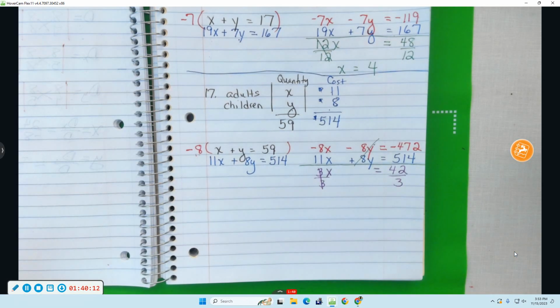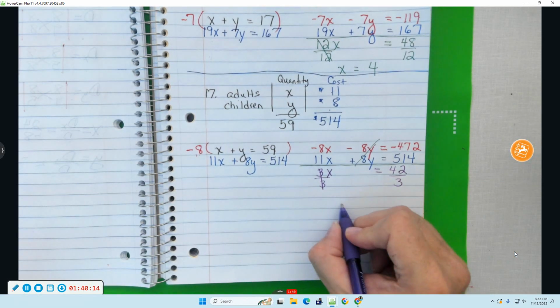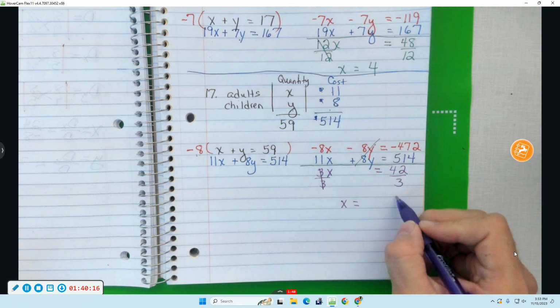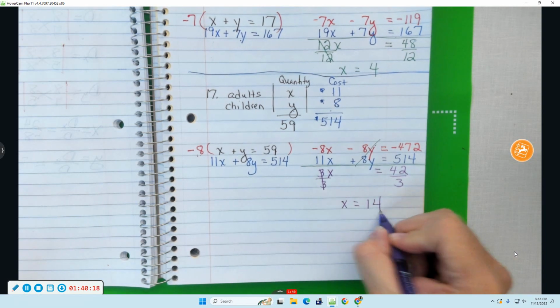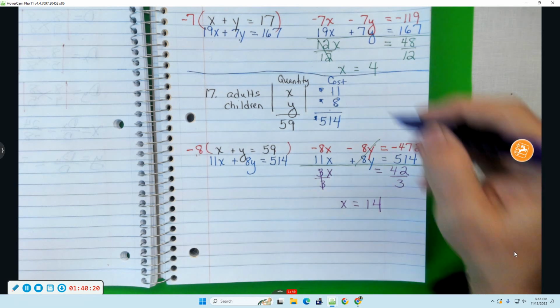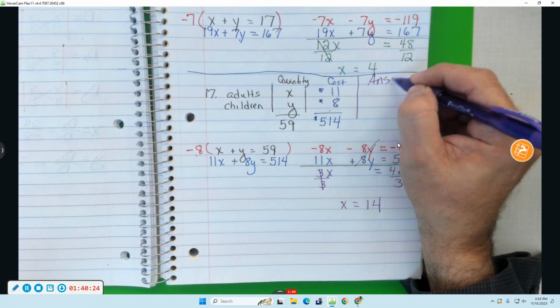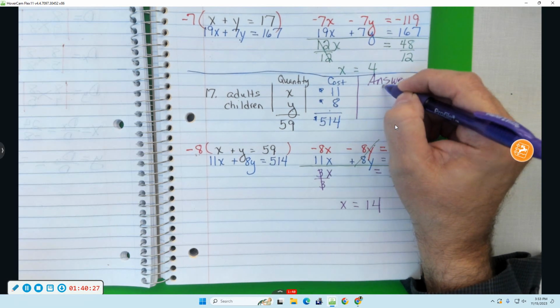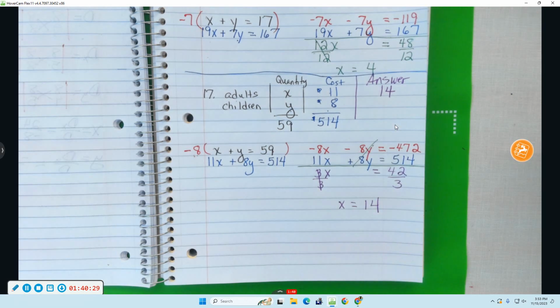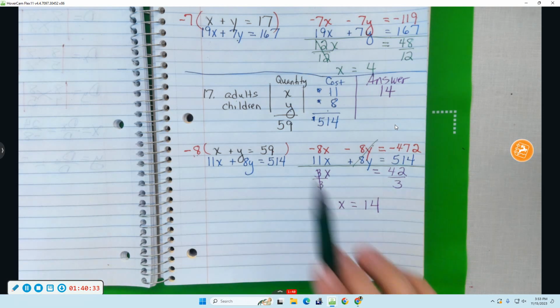So 42 divided by 3 is 14. So come up here to your table. That says there were 14 adult tickets sold. Well, okay, how many children?